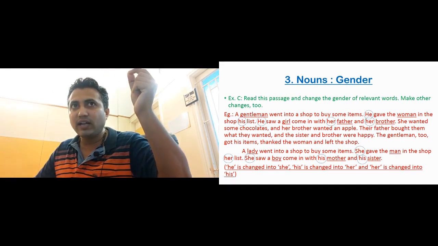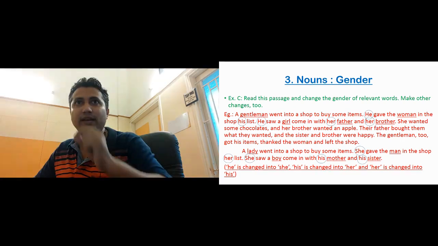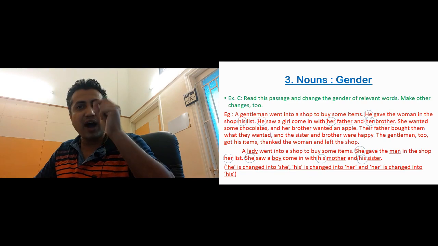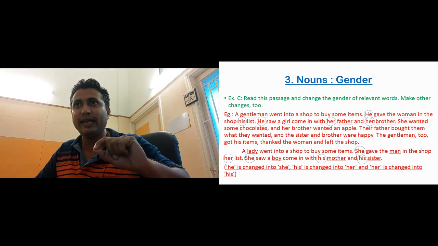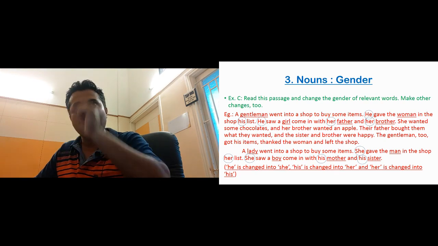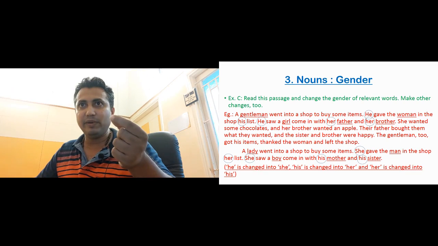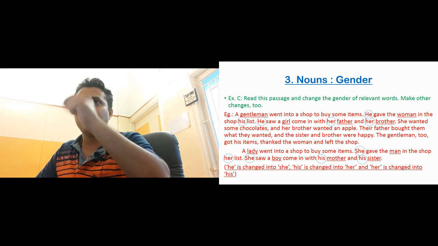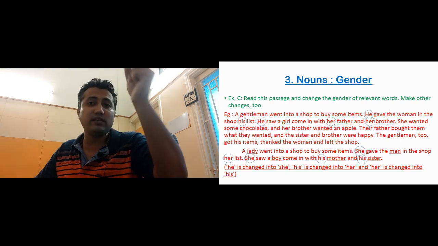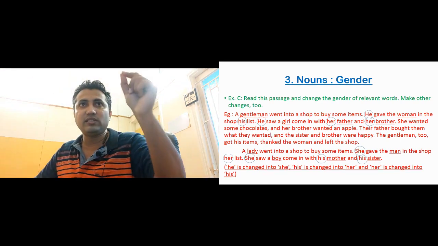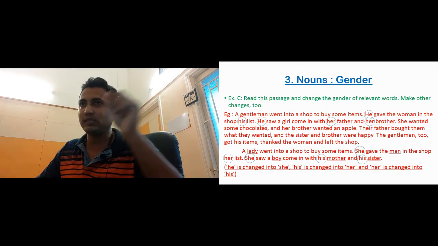The nouns that can be changed are gentleman, woman, girl, father, and brother. Gentleman will be changed to lady, woman will be changed to man, girl will be changed to boy, father will be changed to mother, and brother will be changed to sister. Now, there are some other things that we need to change. In the second sentence, he gave the woman in the shop his list.